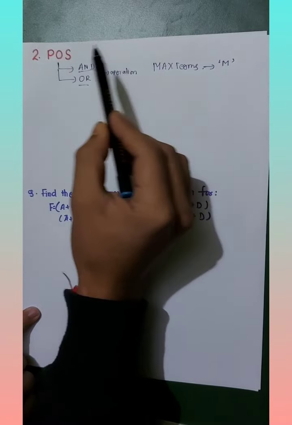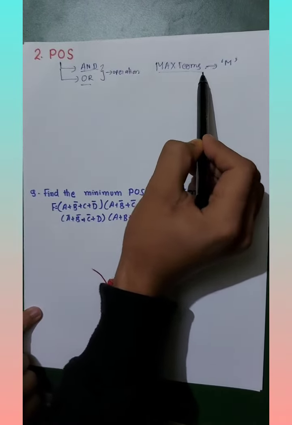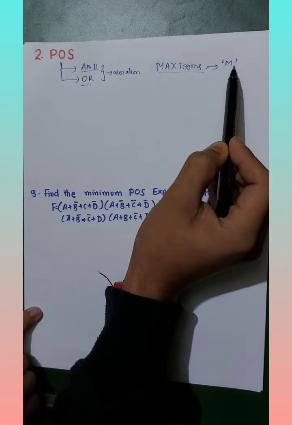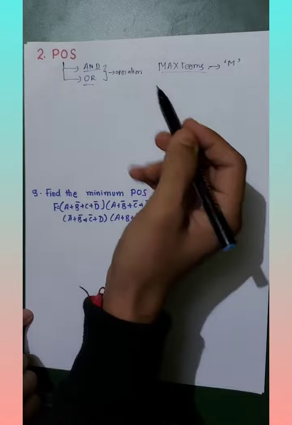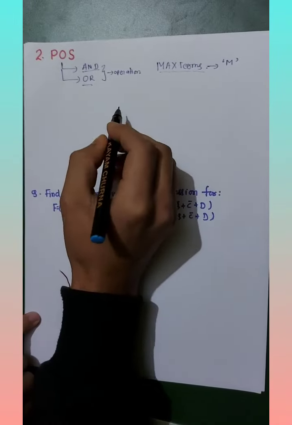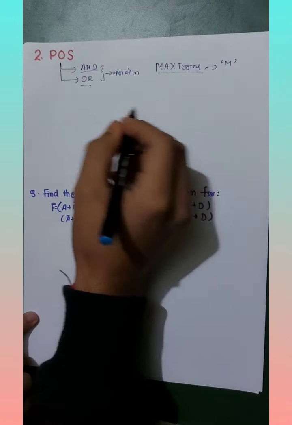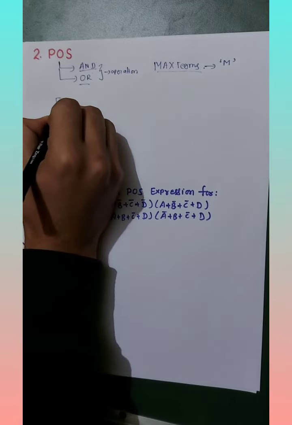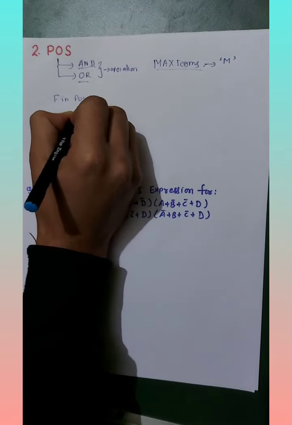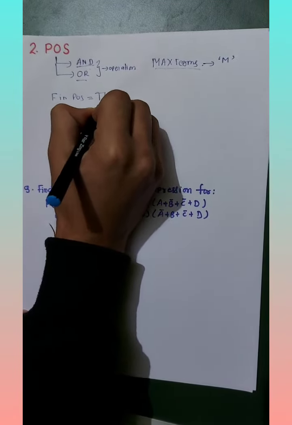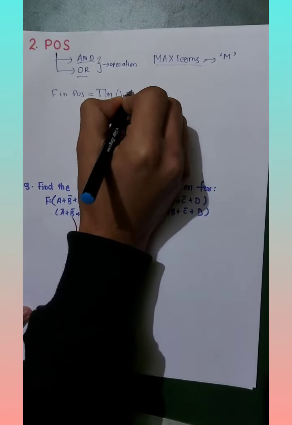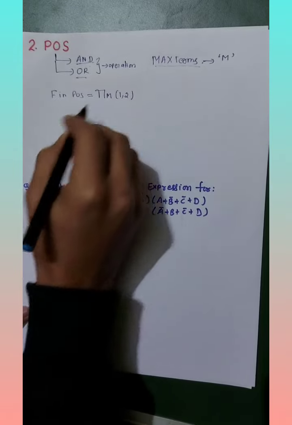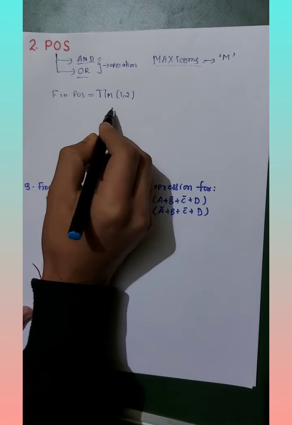These sum terms are also called max terms, and it is represented by M. They are the sums of Boolean variables either in normal or complemented forms. Therefore, the POS is a product of max terms, represented as F in POS is pi of max term 1, 2. Here F is a product of max term 1 and max term 2.